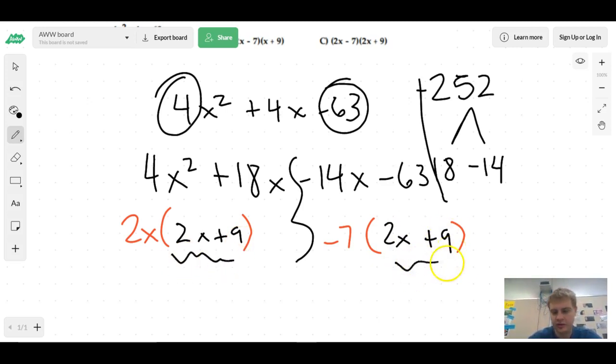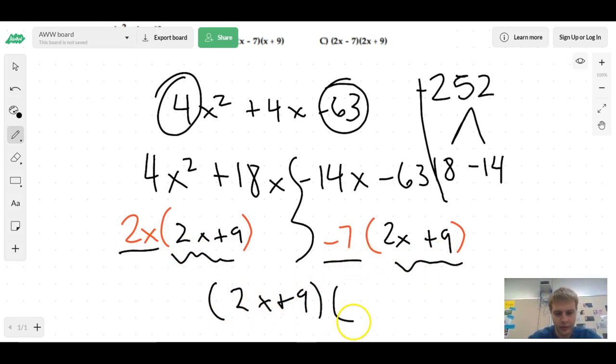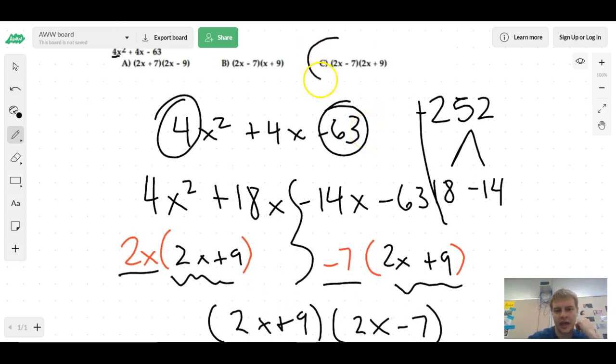Because these two things are the same, we factor them out and put them together. And because these things are left over, we put them in the other set of parentheses back here. So now we have 2x plus 9 times 2x minus 7, and you can see that that answer would be C.